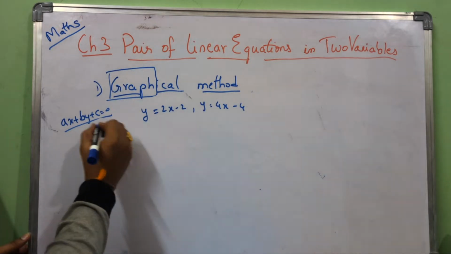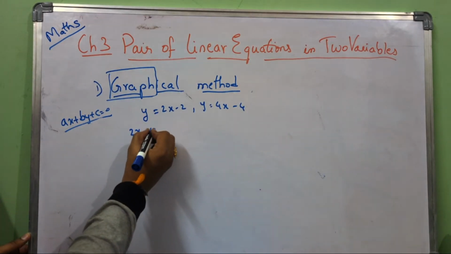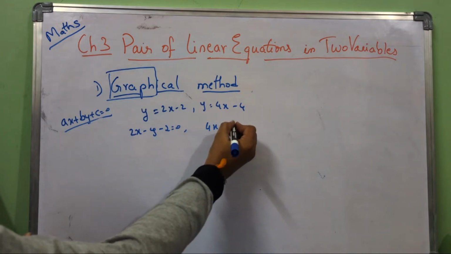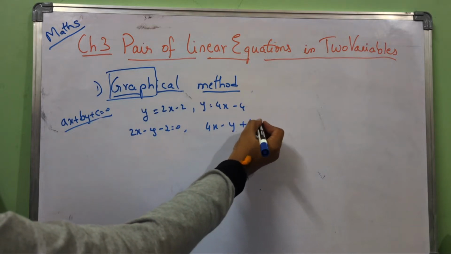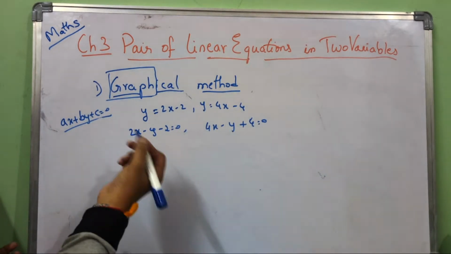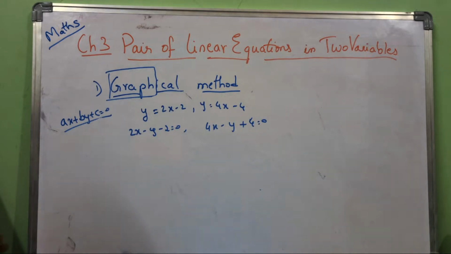So if we write it in our standard equation, this will become 2x minus y minus 2 equal to 0, and this one will give 4x minus y plus 4 equal to 0, just moving everything to the same side. Here, first we need to figure out whether it is intersecting or not, then we have to solve it.